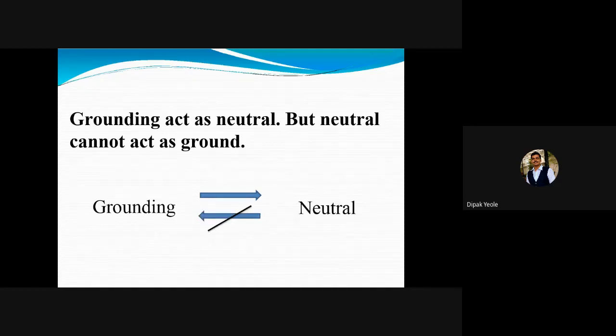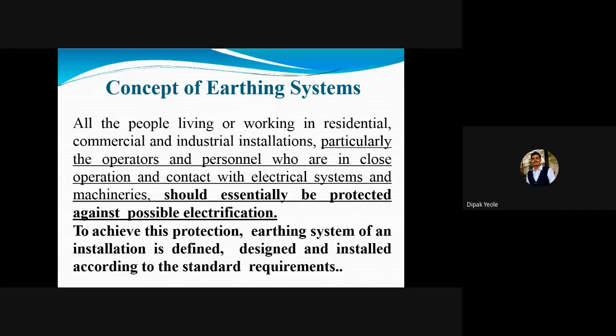And sometimes if our neutral fails, or if neutral is not working properly, then we can transfer that connection to ground. Okay, it means that the grounding, or you can say the earthing, is very important.